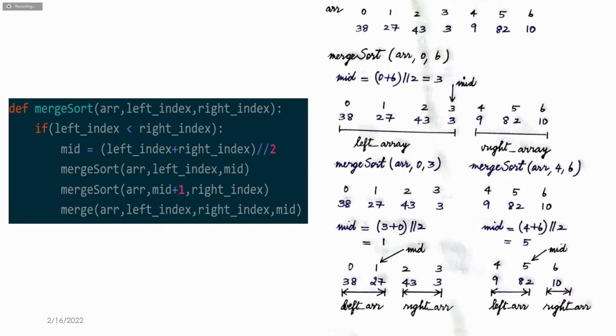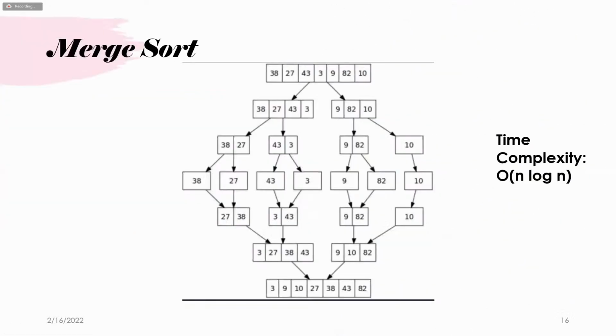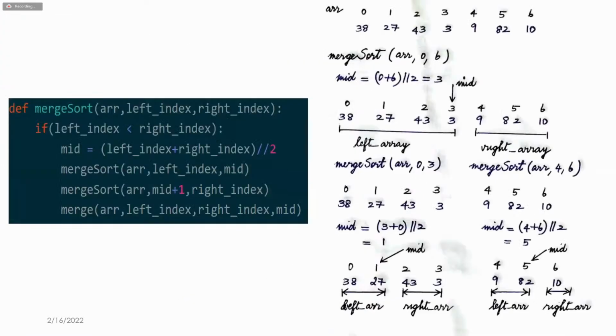In the next step, I'm again sending them to merge sort. This is the splitting step that is happening here, the top splitting ones.